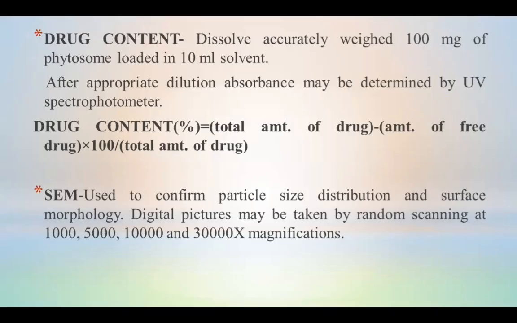Drug content. Dissolve accurately 100 mg of loaded phytosome in 10 ml of solvent. After appropriate dilution, absorbance may be determined by ultraviolet spectroscopy. Drug content can be calculated using this formula.